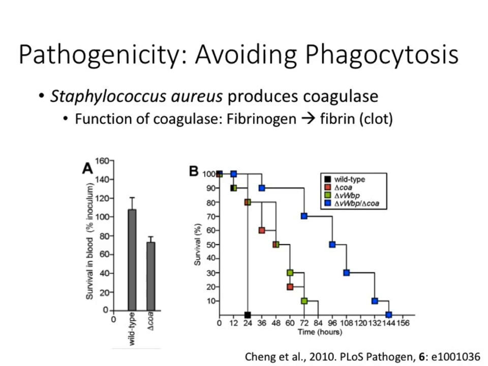Given that, what I want you to do first is just describe for me the results in figure A here. So this is looking at survival of Staphylococcus aureus, either the wild type or delta COA, in blood. So how much is there in blood versus how much they began with. Okay? So just take a look at that figure, describe it.